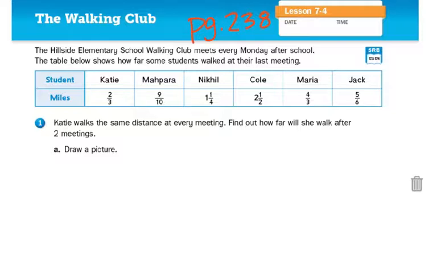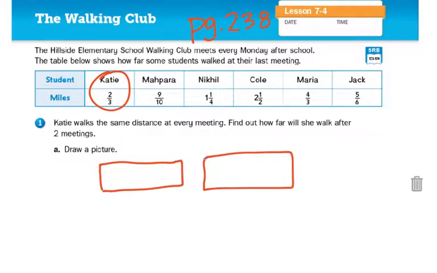Number 1, Katie walks the same distance at every meeting. Find out how far she will walk after 2 meetings. So we're going to go ahead and look for Katie. Katie walks 2/3. So I'm going to draw 2 rectangles to represent the 2 days.